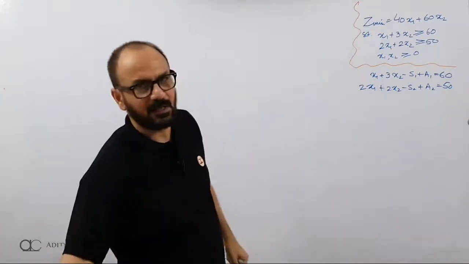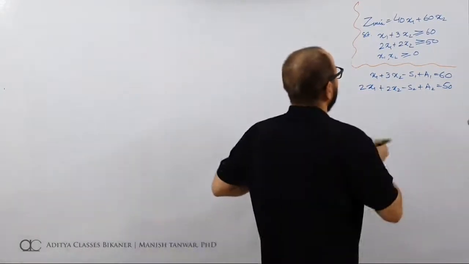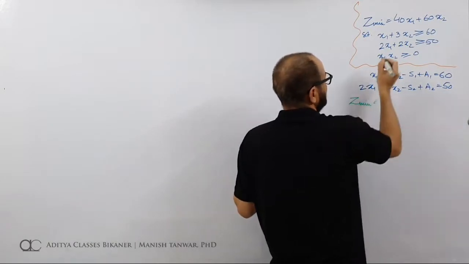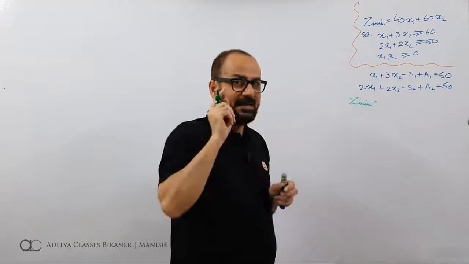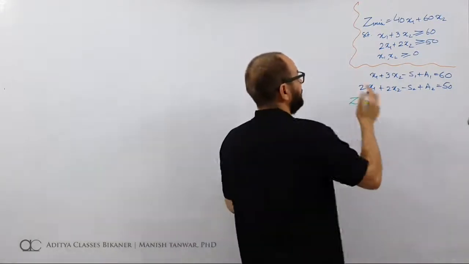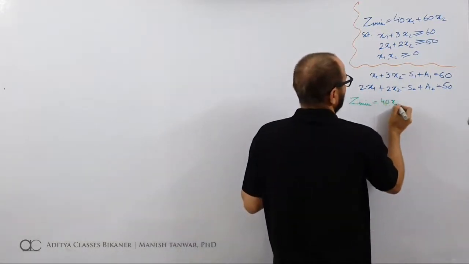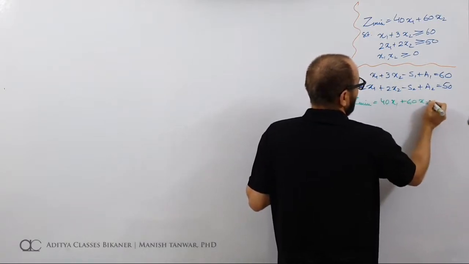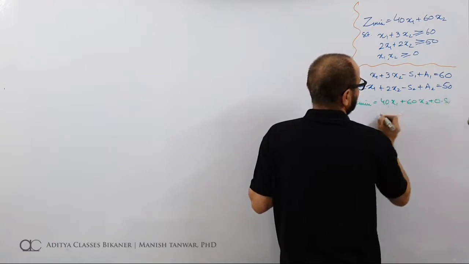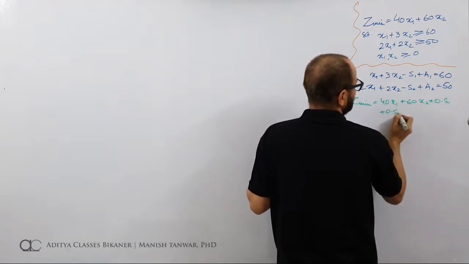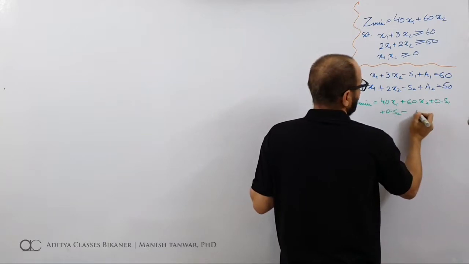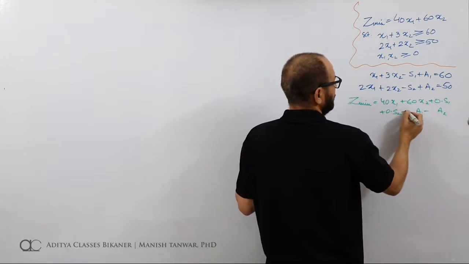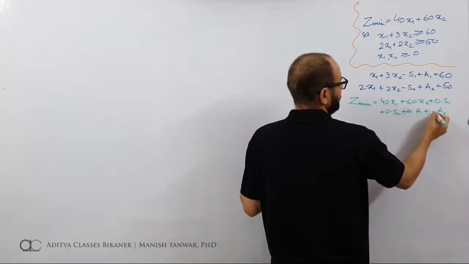Now the auxiliary function. What will be my auxiliary function? Zmin is equal to, now ideally the objective function would have been 40x1 plus 60x2 plus 0s1 plus 0s2 and some form of a1, and this is minimum, so I would have made it.